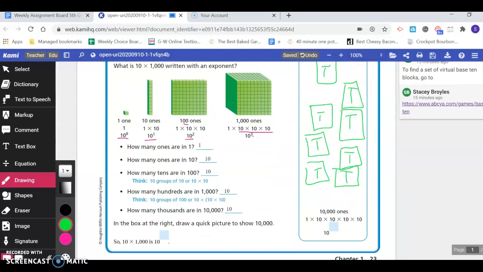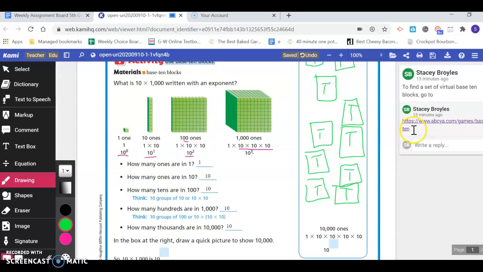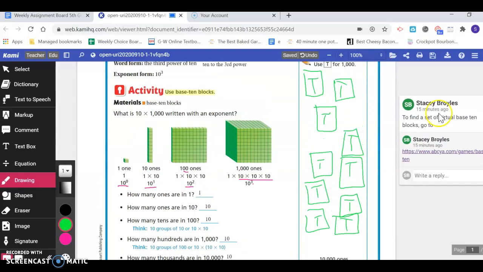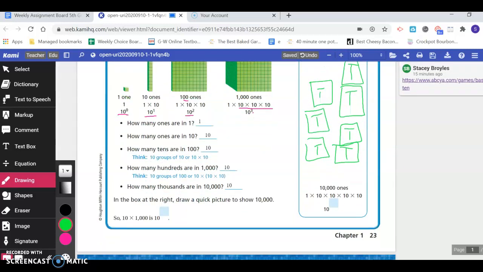So how many thousands did it take? It took 10. I can see that now in my picture also. And how many tens is that? Let's look. 1, 2, 3, 4. Do we see how the groups of tens is increasing?